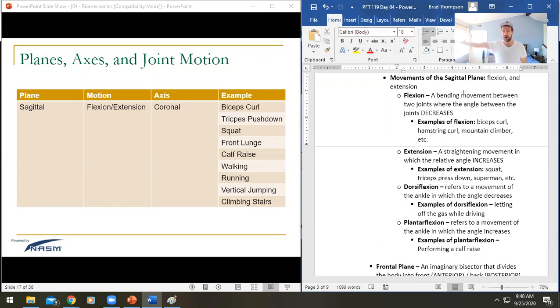If I've got my arm here, and you take a protractor and fold one section this way and the other section that way, this is 180 degrees, a flat line. Now, if I bend it halfway up, that's 90 degrees, then 45 degrees, 30 degrees. So what's happening is the angle's decreasing. It went from 180 down to 90, down to 45. It went down. So that is a bending where the angle decreases in the sagittal plane.